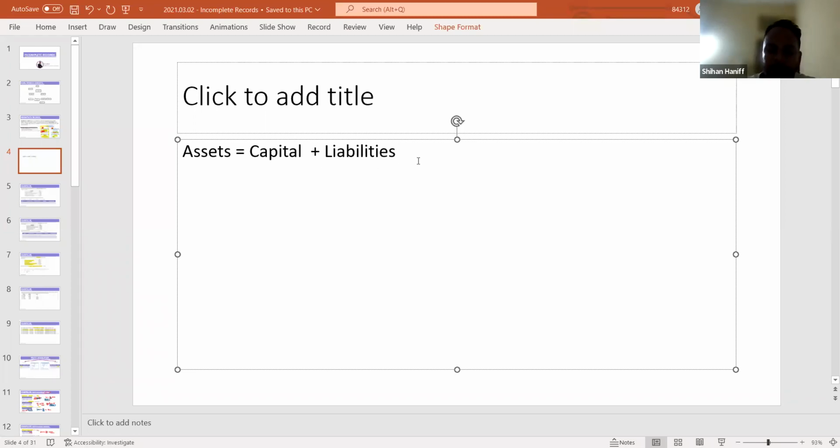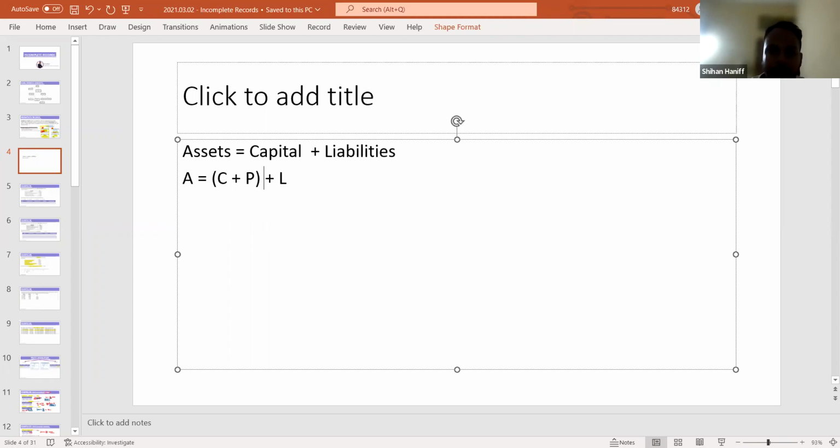Now, when the business is having a profit, the profit will be added to the capital. So we can expand this equation. Assets equals capital plus profit plus liabilities. Okay.